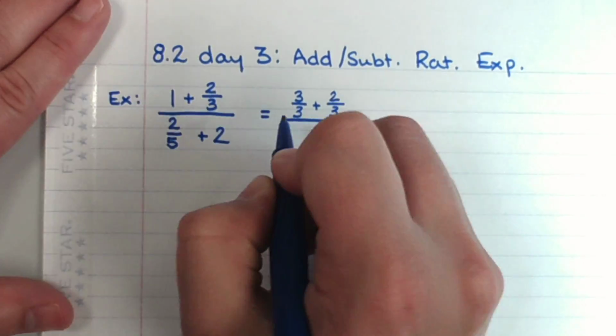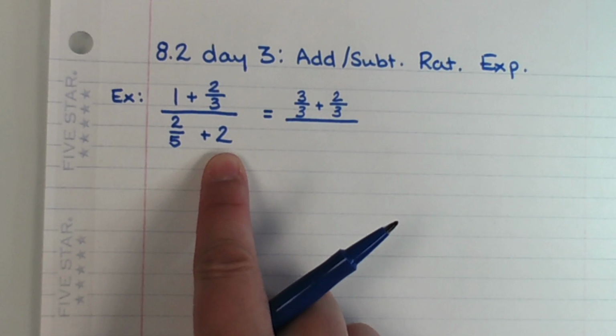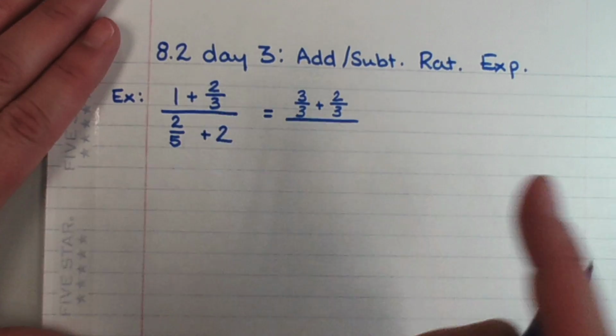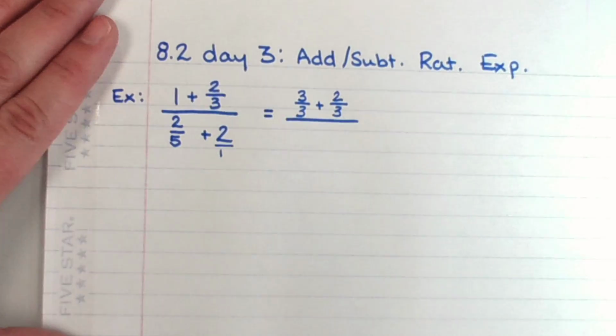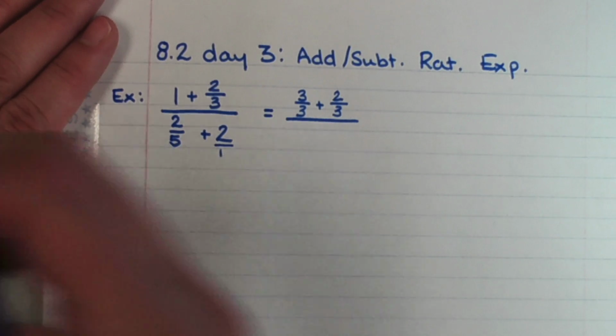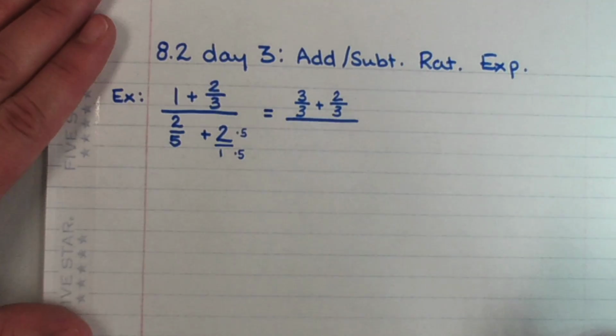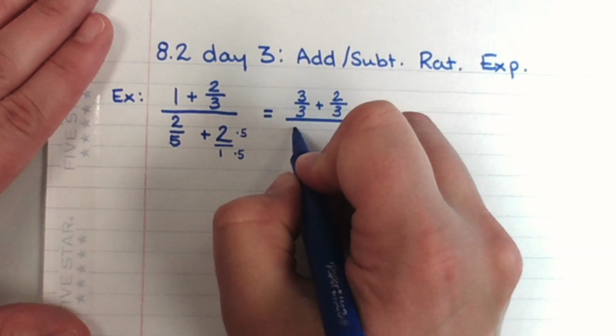Over 2/3. And that denominator, 2/5 plus 2. 2 would be what over 5? It's currently over 1. Common denominator is 5. To change it into a 5, it becomes 10 over 5.